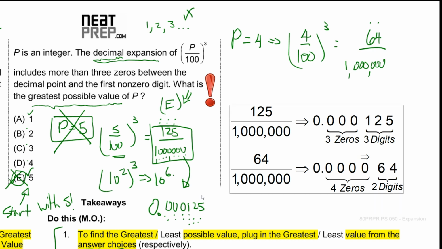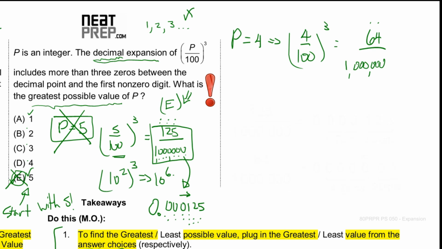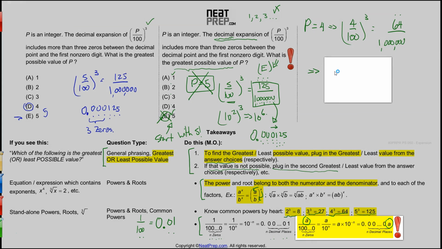This means that 64 will recede 1 decimal place to the right, a decimal place which will be filled with 0. If you didn't see it, by all means, let's demonstrate. The decimal expansion of 64 over 1 million will include, again, exactly 6 decimal places, since 1 million includes exactly 6 zeros and will end with 64.